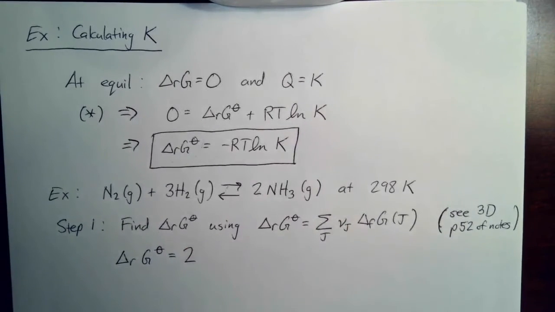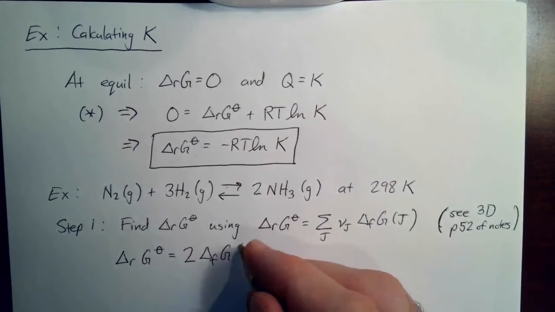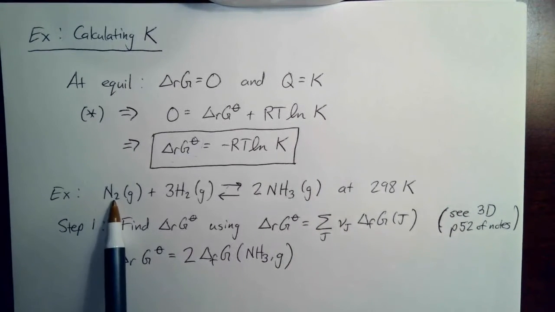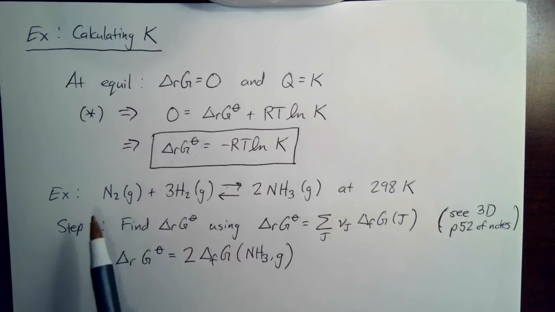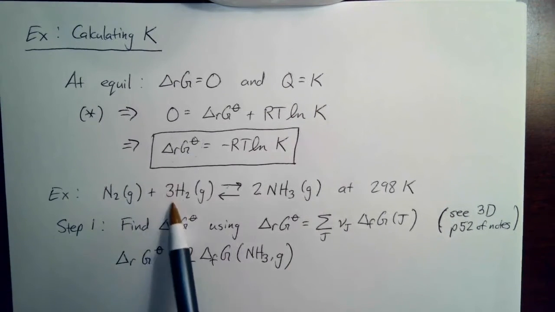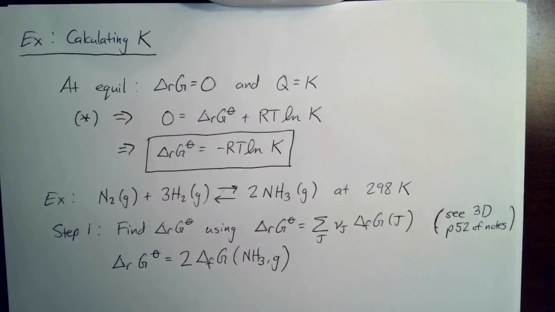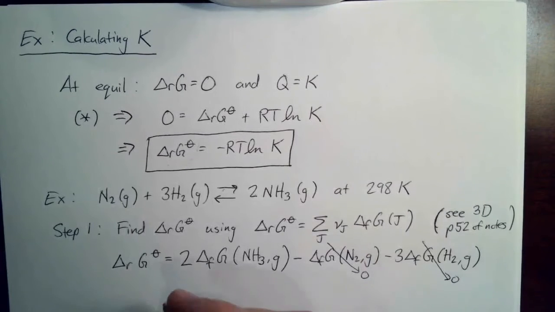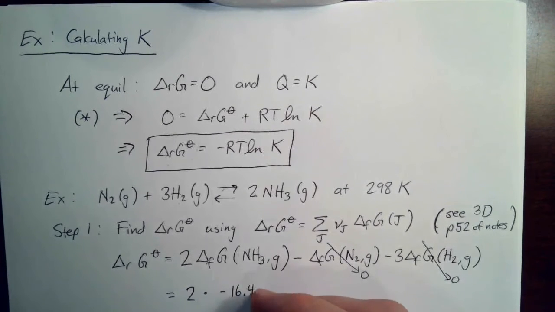So this is going to be 2 times the Gibbs energy of formation of NH3 gas minus 1 times the Gibbs energy of formation of N2 gas minus 3 times the Gibbs energy of formation of H2 gas. And both of these happen to be 0. So I'm left with 2 times this, and we look this up in a table. We have 2 times negative 16.45 kilojoules per mole is the Gibbs energy of formation for ammonia gas.